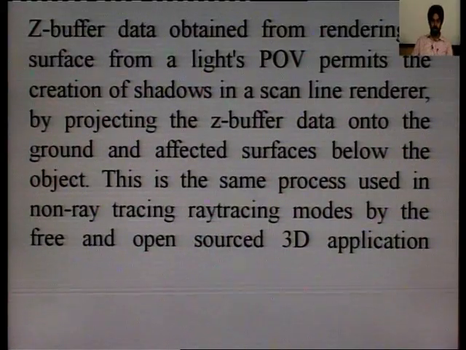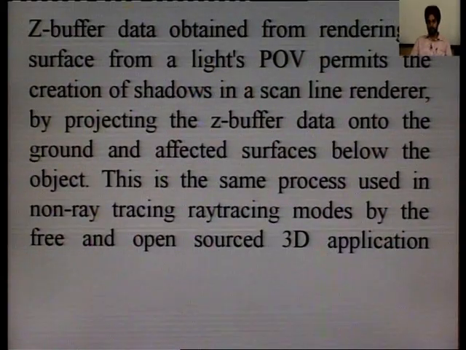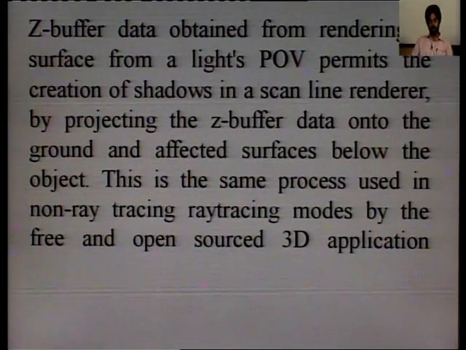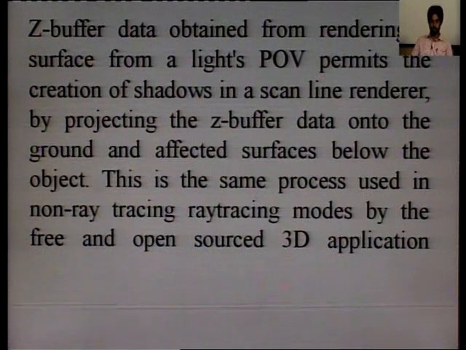Z buffer data obtained from rendering a surface from light permits the creation of shadow in scanline renders, by projecting the Z buffer data onto the ground and affected surface below the object. This is the same process used in non-ray tracing or ray tracing modes by the free and open source 3D applications.